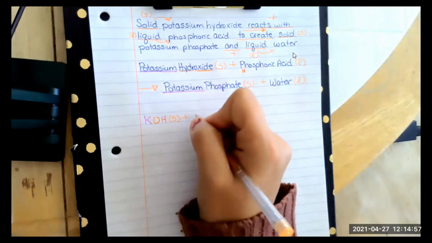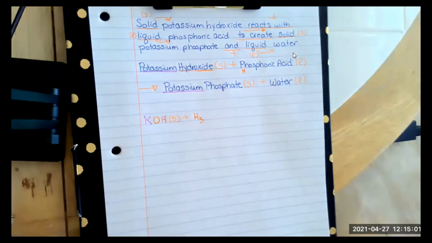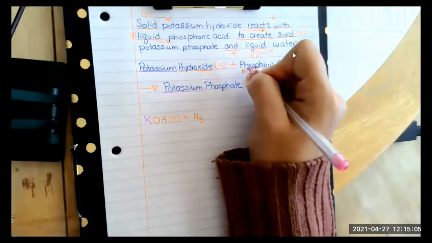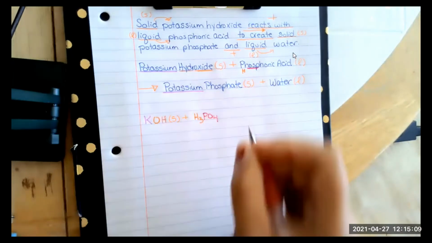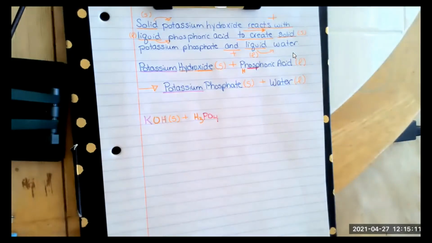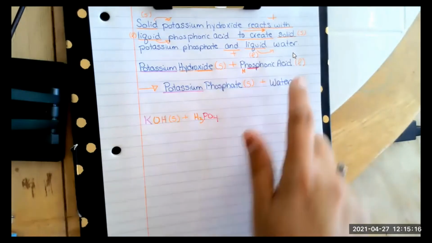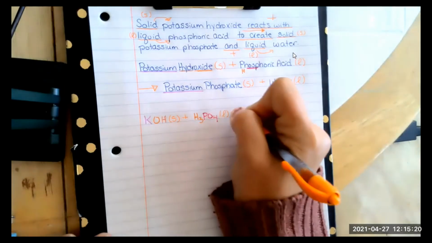It's going to be H3. And then phosphate, let's make this a pretty pink color. That's going to be PO4. And then again, don't forget, you still have to make sure you're color coding your states of matter. So that's l and then arrow.